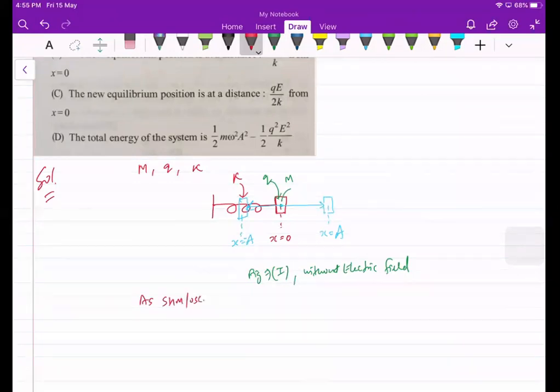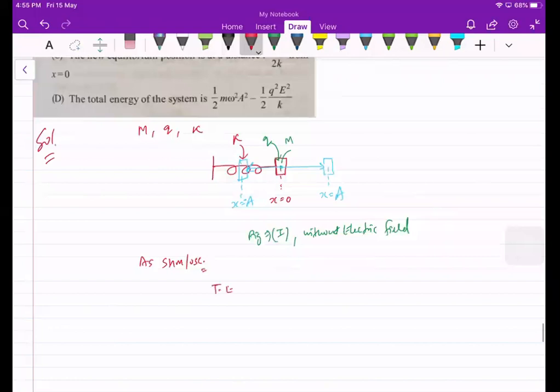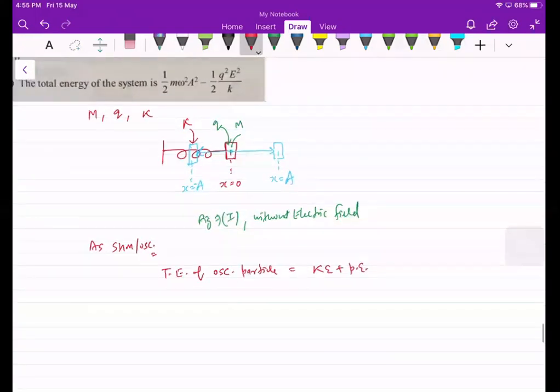oscillation, the total energy of the oscillating particle is given as the sum of kinetic plus potential energy. And we know this always remains constant. Fine. So with this information, we know at the maximum amplitude situation, the spring will be maximum extended.